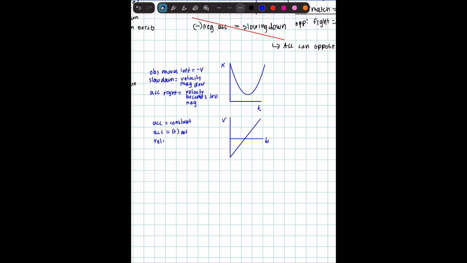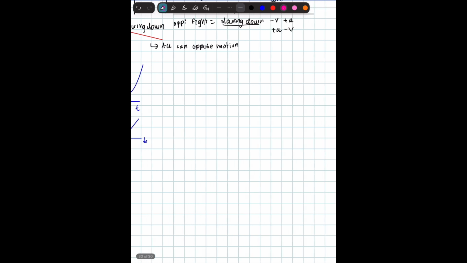And that means that your velocity changes at a constant rate. So, your rule is that if the x of t slope is steep, that means you have a large v. If x of t slope is equal to 0, your velocity is equal to 0.